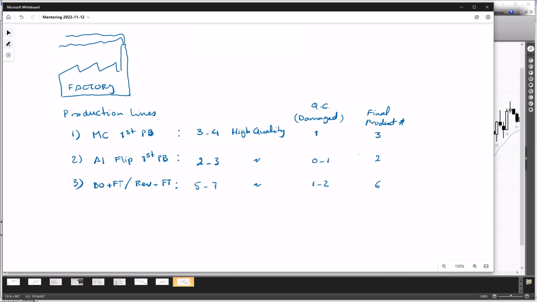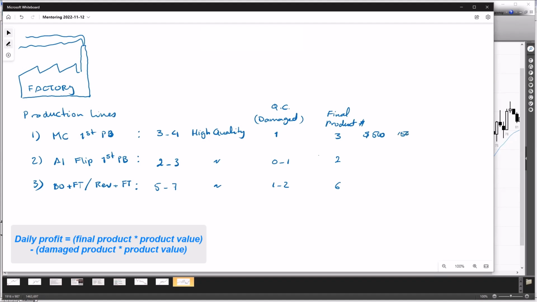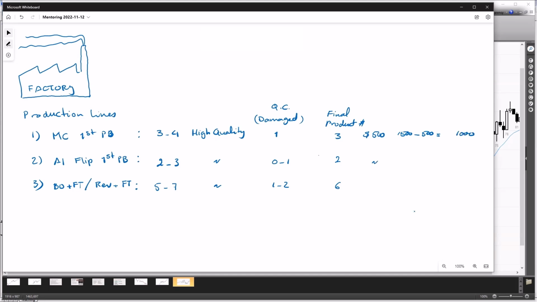And then if each one of them makes me a profit of, let's say, $500, the daily profit is going to be obviously this number minus the defects. So that's 1,500. So this would be 1,500 minus 500 equals 1,000. Same for this guy. We have 2, so this would be just 1 times 500 is 500.